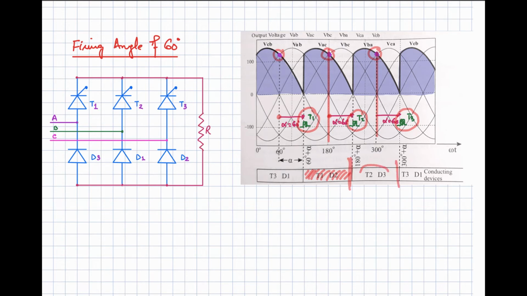From this point till this point here, these two switches will be in the on state, and then over here you are going to apply the gate pulse to the third thyristor. So T3 and D1 will be conducting. These are the conducting devices, and you can write down the integral equation to determine the average DC voltage at the output. So VDC will be equal to 1 by 2 pi, there are 3 portions, so multiplying by 3, and then integrating one waveform, and that is VAC, right, and its limits from this point.